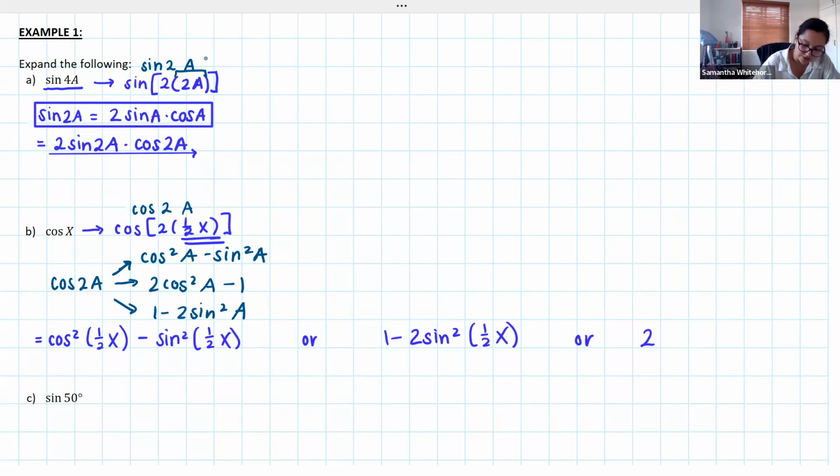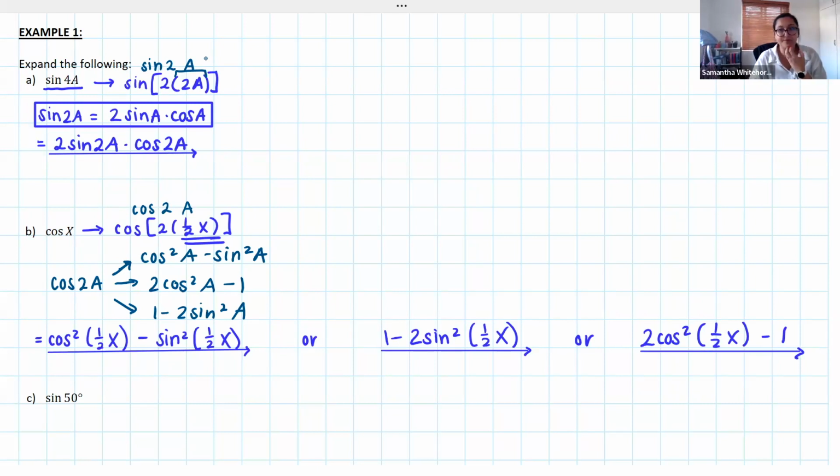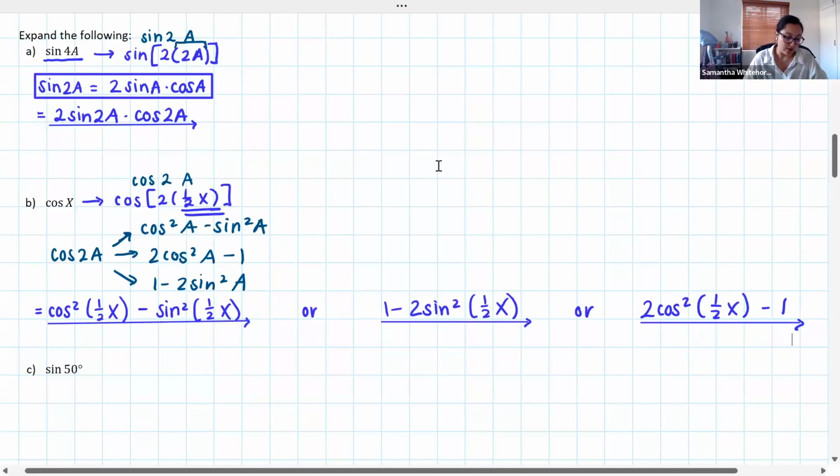Or you're going to have 2 cos squared a half x minus 1. Any one of these 3, given the context of this question, I've just asked you to expand, would be absolutely fine. You've chosen the identity that applies to your cos double angle, you've expanded, no issues.